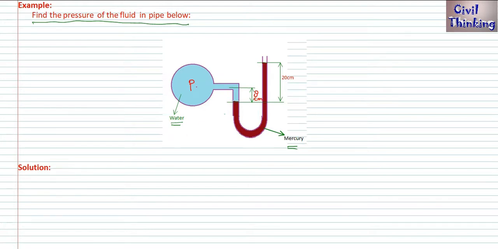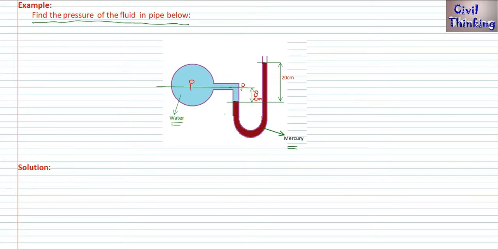Now see, if you draw a horizontal line from here to here like this, and the pressure here is P in this pipe, it means the pressure here is P also, because this is the same fluid on this horizontal line.